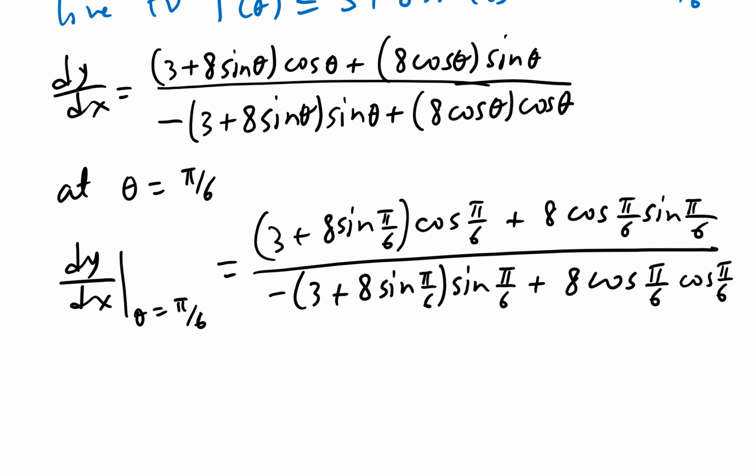And we have to calculate all of this, which I'm assuming everyone can do. And we got the slope. You know, sine pi over 6 is 1/2. Cosine pi over 6 is square root of 3 over 2. If you simplify the numbers, it simplifies down to 11 square root of 3 over 5.